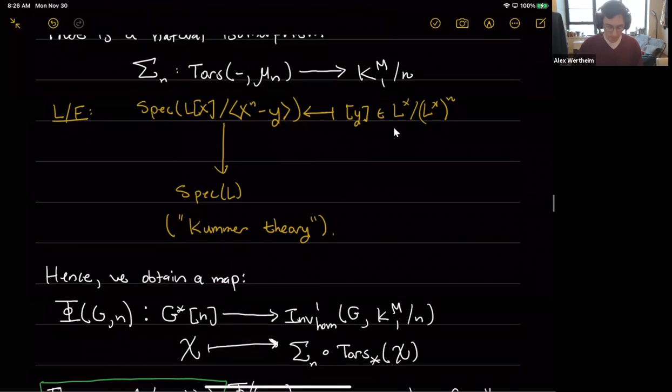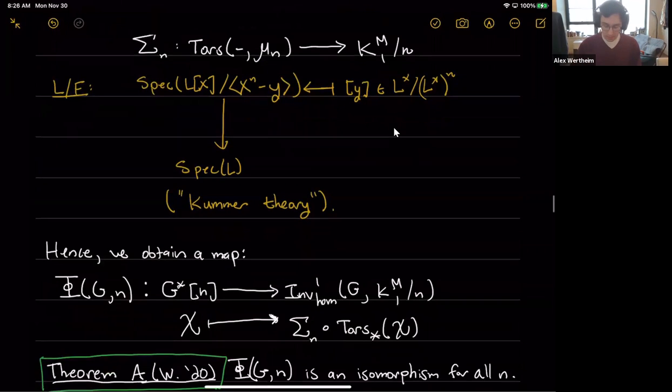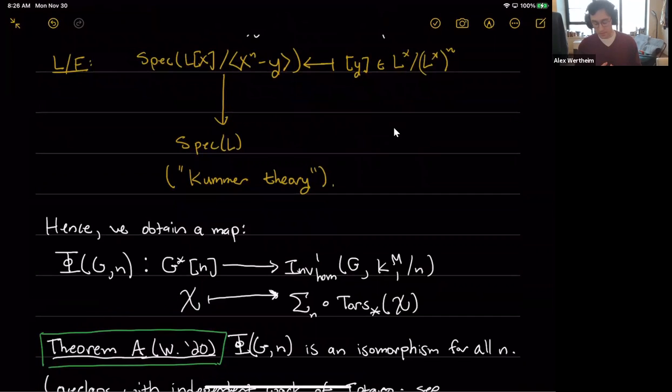So if I call this map phi G,n, which sends chi to the composition of chi lower star with sigma n, the main result of the paper is that this map phi G,n is an isomorphism for all n. So somehow this procedure describes all possible invariants, and distinct characters produce distinct invariants.